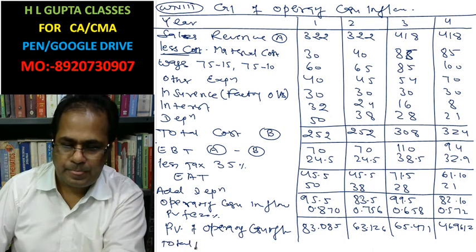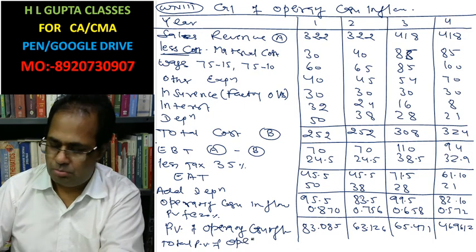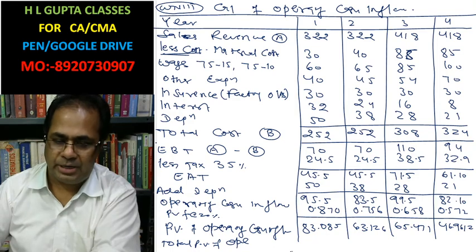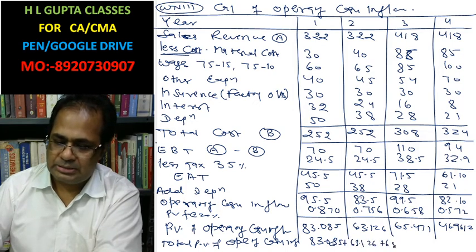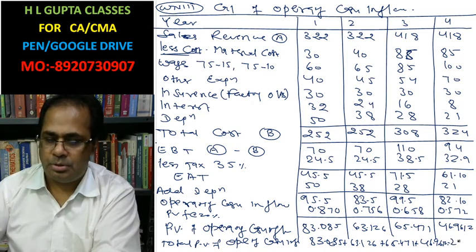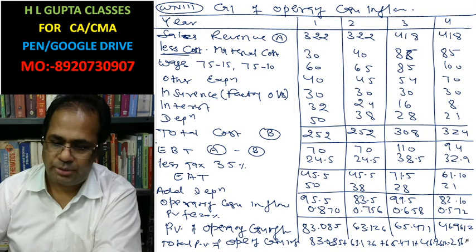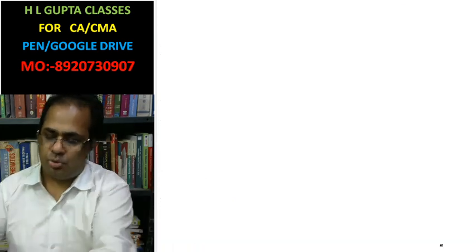Total present value of operating cash inflow is 83.085 plus 63.126 plus 65.471 plus 46.9612, that is 256.6432. Okay.